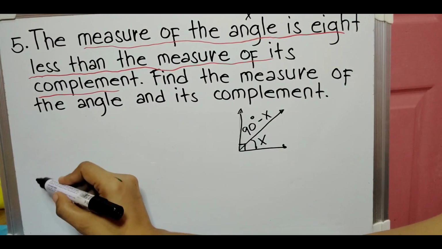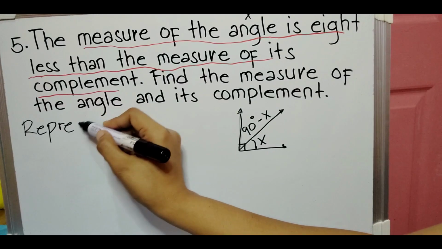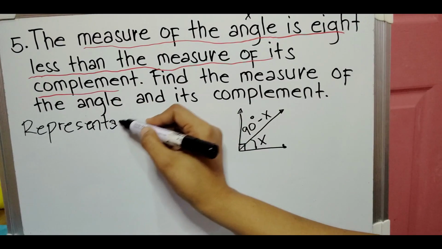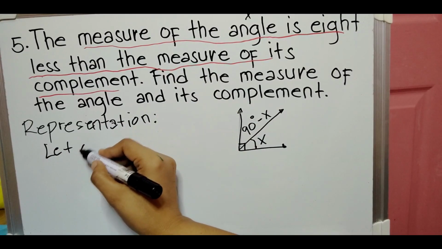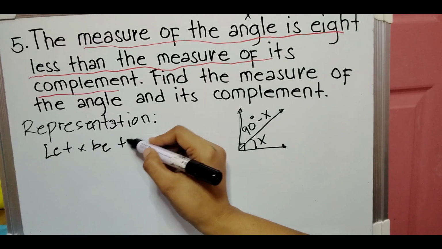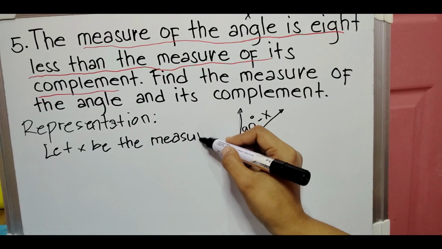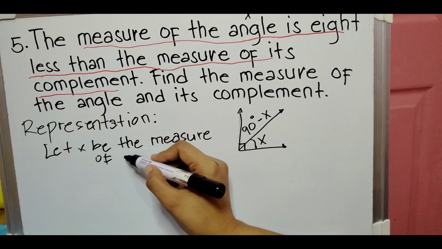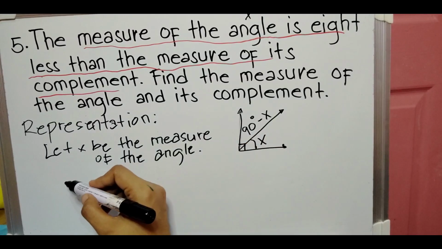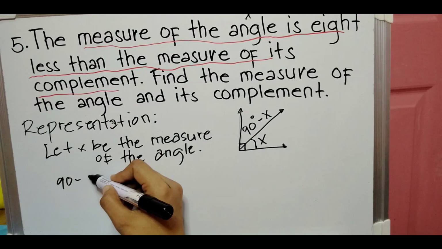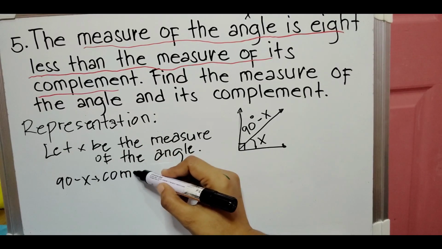By the way, this is the representation. Let x be the measure of the angle, therefore 90 minus x is the complement of the angle.